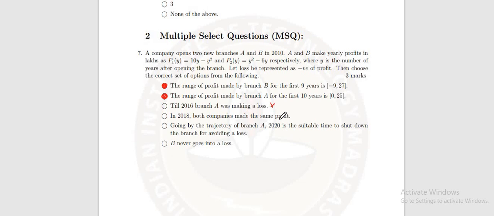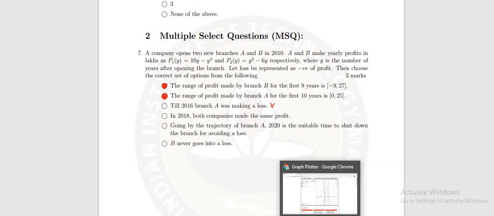Moving on to the fourth option. It says that in 2018, both companies made the same profit. 2018 means what now? Y represents your number of years. So how much have you added to 2010 to obtain 2018? The number that you have added is 8.